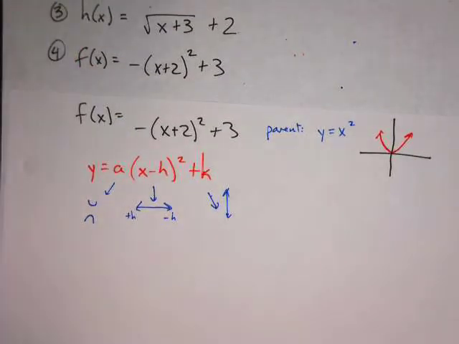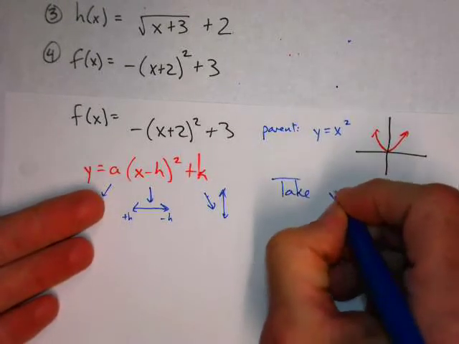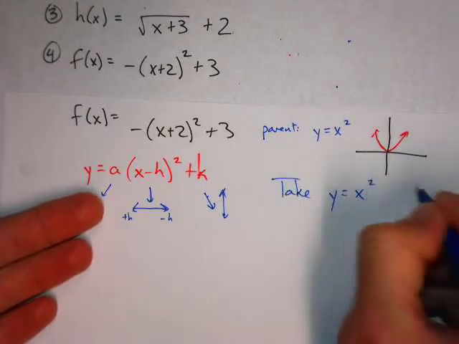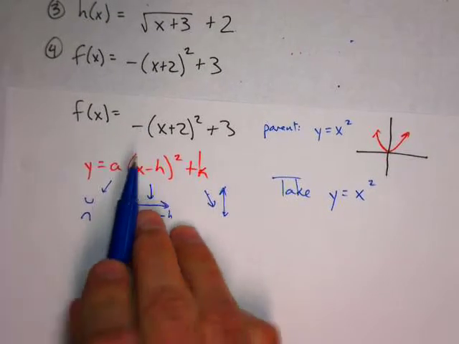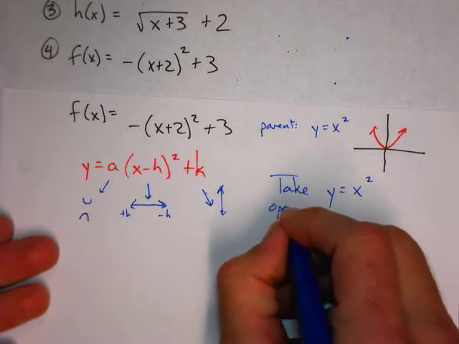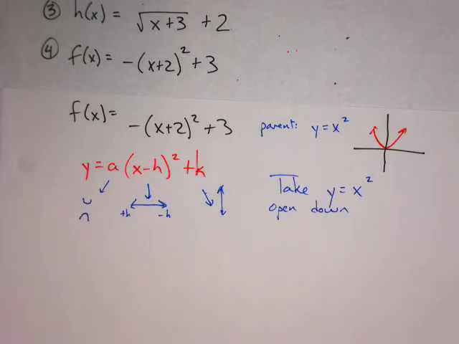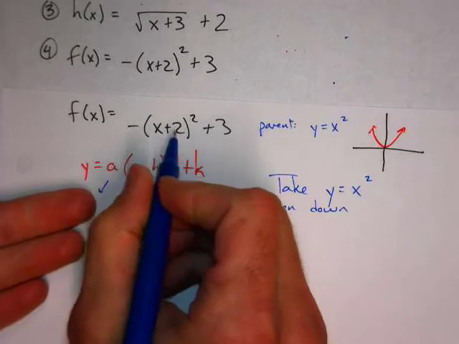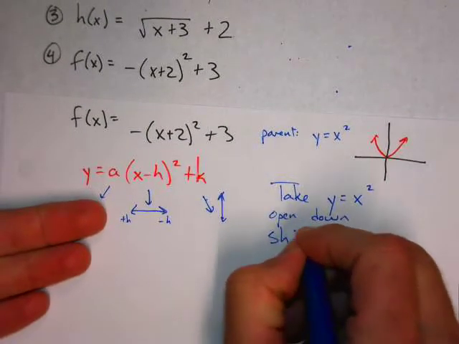So what we can do now is describe the translation. We can take y equals x squared. Since we have the negative out there, it's actually reflected over the x-axis. Or again, I can say opening down. It's reflecting over the x-axis or opening down. If we have x plus 2, which means it's shifting to the left 2 units.